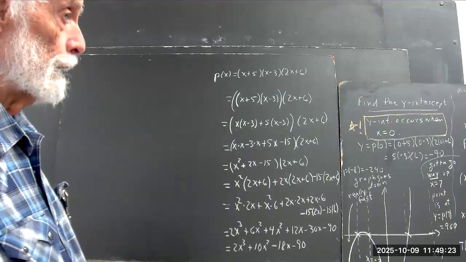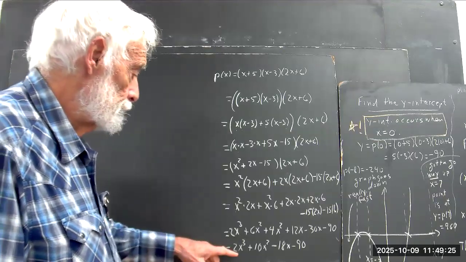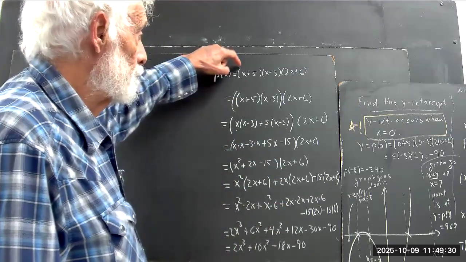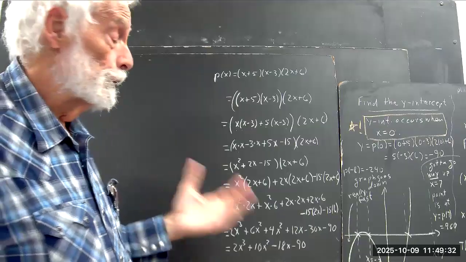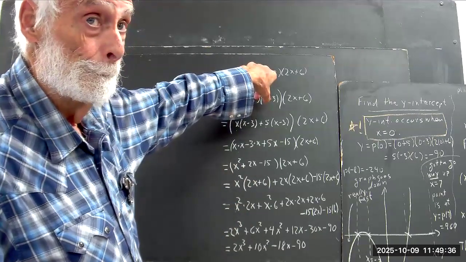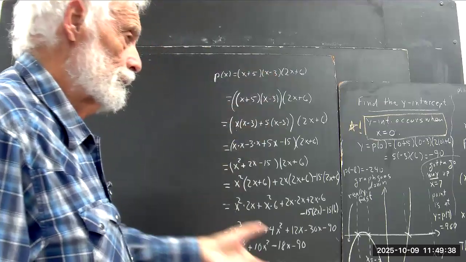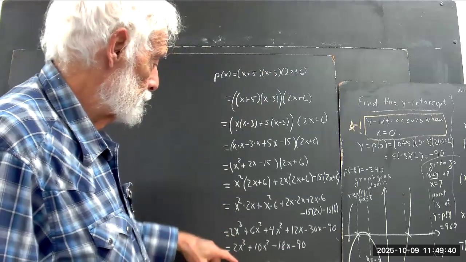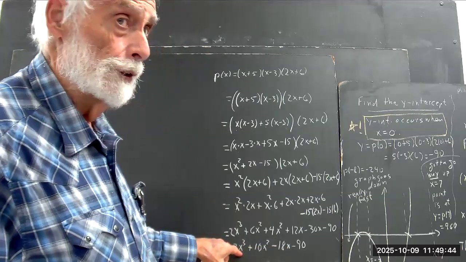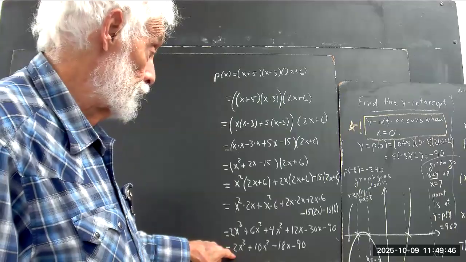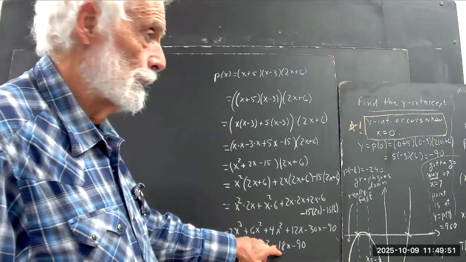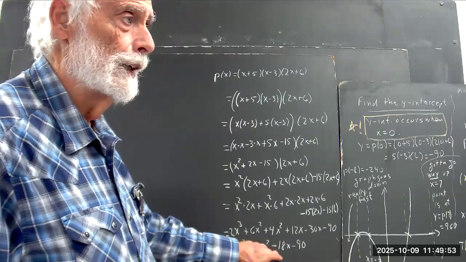Now we can check to see if this agrees with this function. For example, this function is 0 when x equals 3, right? Well, I'm not going to take time for you to do it, but if you plug in x equals 3 here, x cubed would be 27, 2 times that is 54. 18 times 3 is 54, so this would be negative 54.